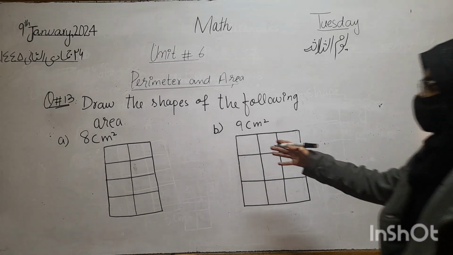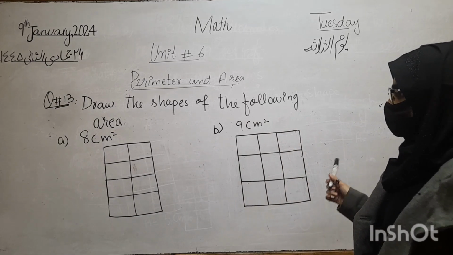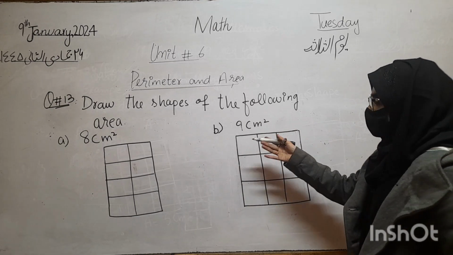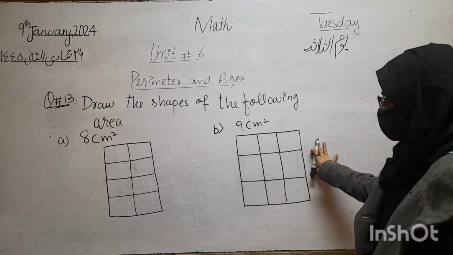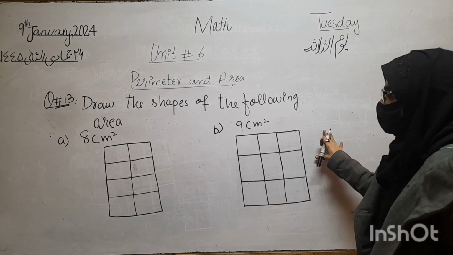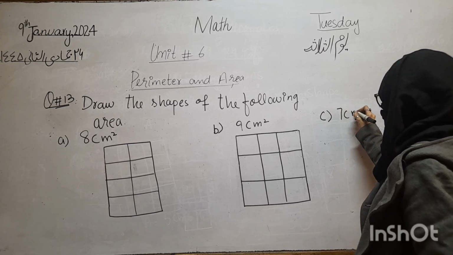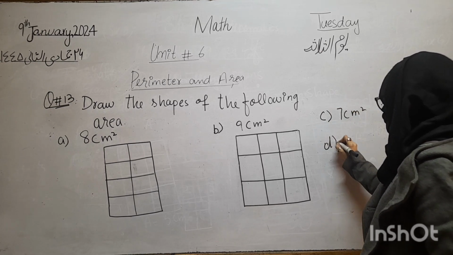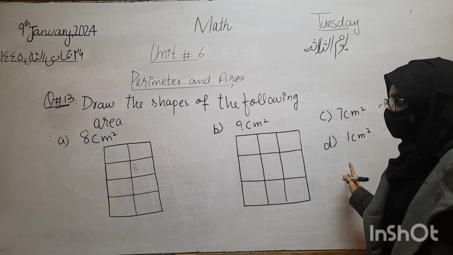This is the way how you will solve the given question when you have given the area of grid squares, how you will plot the grids in this manner. Okay, you will do the question number 13 C part, that is about 7 centimeter square, and D 1 centimeter square. You will draw the grid squares by your own.